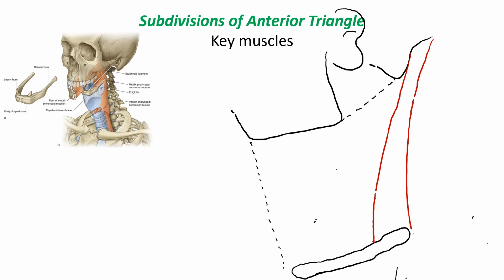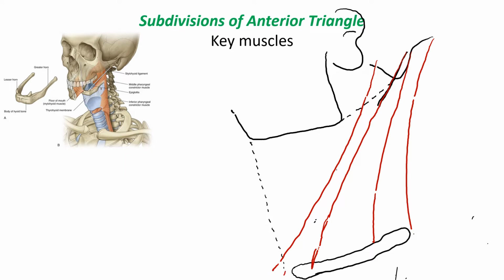It has one point of attachment to the mastoid process, and the other is to the superior surface of the medial third of the clavicle by means of the clavicular head, and a sternal head which goes to the anterior surface of the manubrium. Right? So we have the two heads which are giving it attachment.